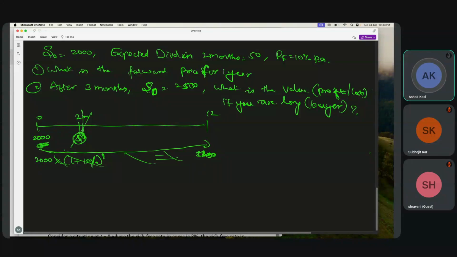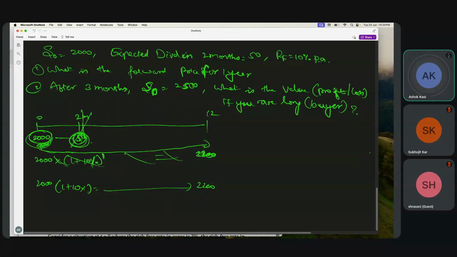So that means this 2000 is not a pure value. This 2000 consists of the effect of the 50 dividend as well. So it is kind of a rigged value. Even if I say 2000 into 1 plus 10% equals 2200, because I have already taken the rigged value, this 50 is also a part of 2000.